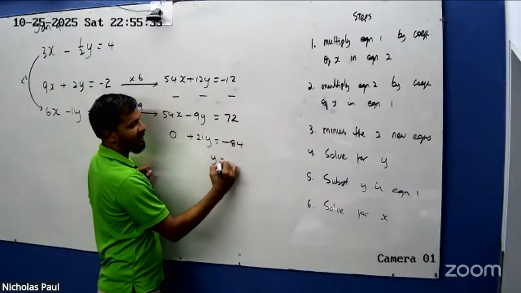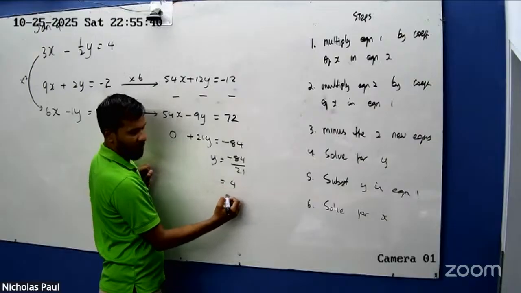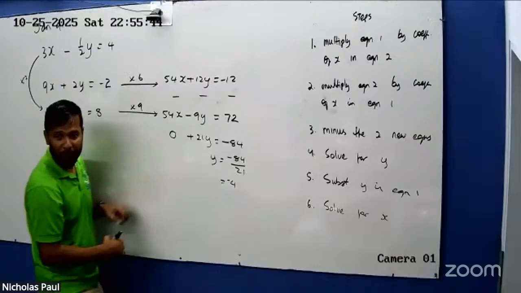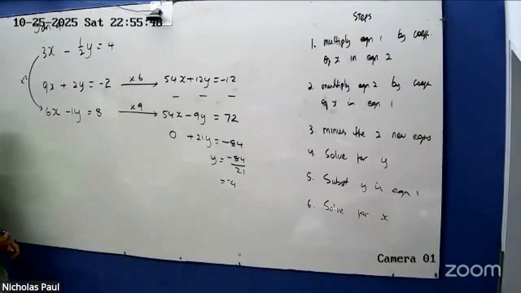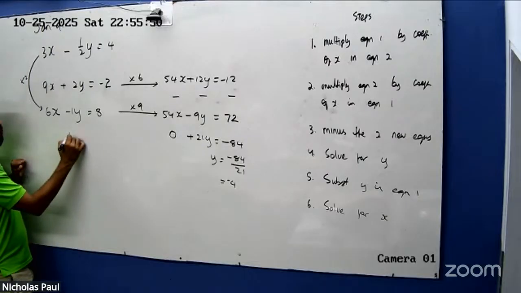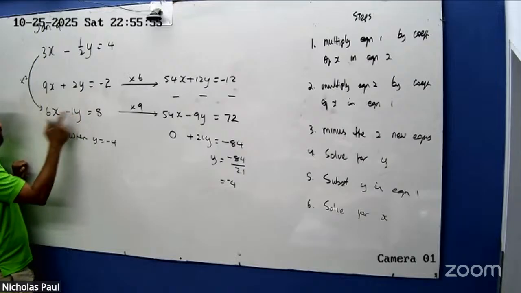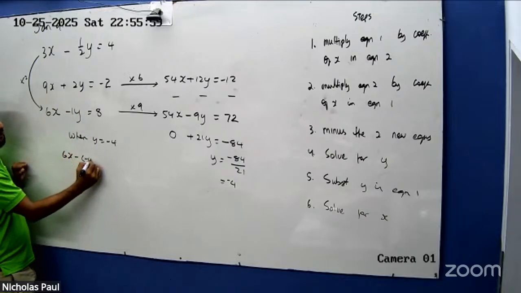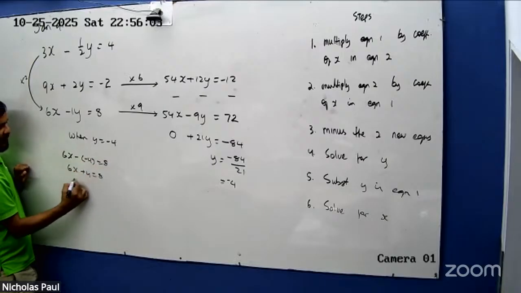So I got y to be minus 84 over 21, which is minus 4. Y is minus 4, right? So when y is minus 4, I choose this one here. 6x minus 4 is 8. 6x plus 4 is 8.